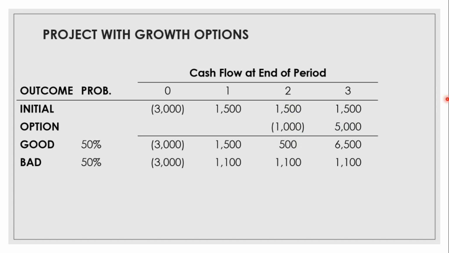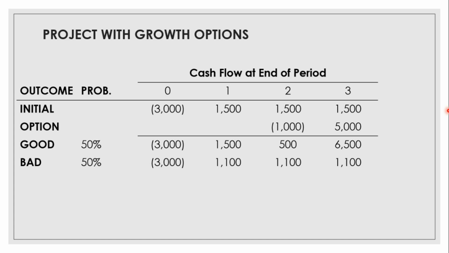Additionally, in year 3, the original inflow was 1,500, but because of the additional investment, it has an additional income of 5,000. And so the inflow, if the outcome is good for year 3, is 6,500. For the bad outcome, it has an outflow of 3,000 and 1,100 for the next succeeding 3 years.